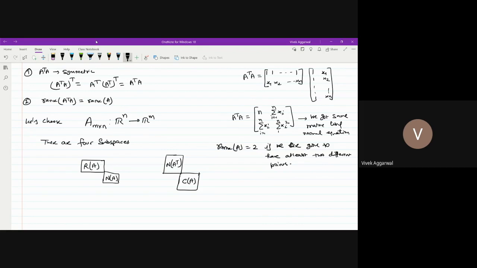So we have a linear transformation from here to here, that is represented by A of order m cross n, and that is from Rn to Rm. So this is always there in this case.